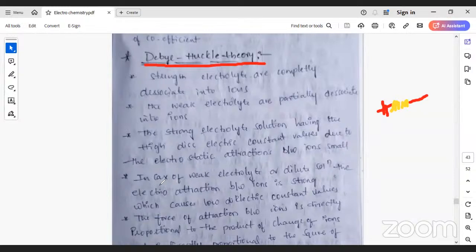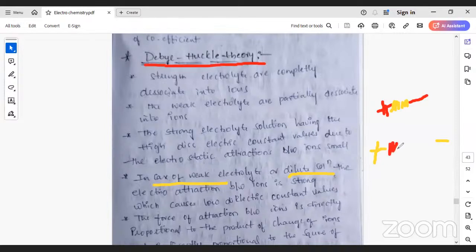In the case of weak electrolytes in dilute solutions, the electrostatic attraction between the ions is strong, and this causes low dielectric constant values because of the long distance between the ions. This is the positive ion and this is the negative ion; the distance between these two ions is too far.